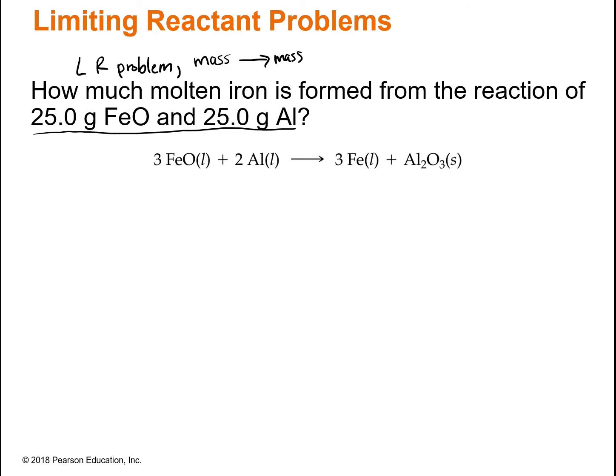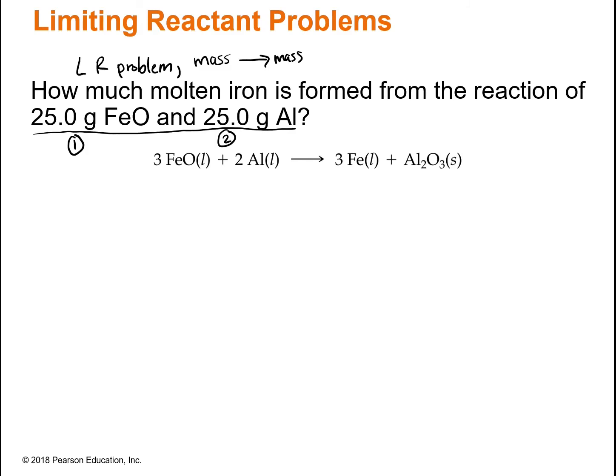One where we start with 25 grams of iron 2 oxide and figure out how much iron we make. And another where we start with 25 grams of aluminum and see how much molten iron we make. From there, we'll figure out which one makes the least amount of product, and that will tell us how much molten iron is formed when we combine these two reactants.